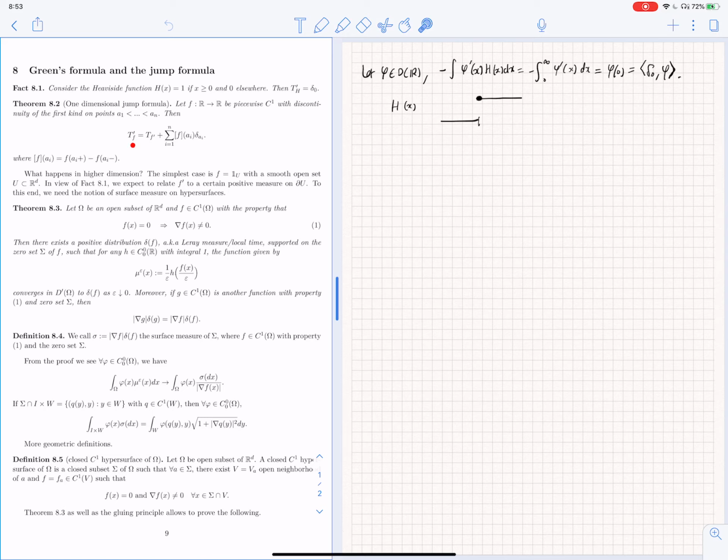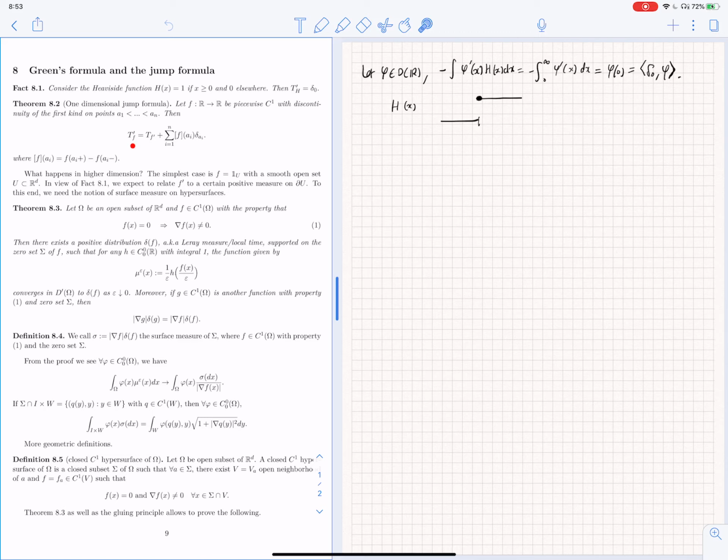I always use this kind of notation: T_f means the distribution associated with this L1 loc function. Here the function is clearly L1 loc because it's C1 with discontinuities of the first kind. So all that makes sense. These two distributions make sense.